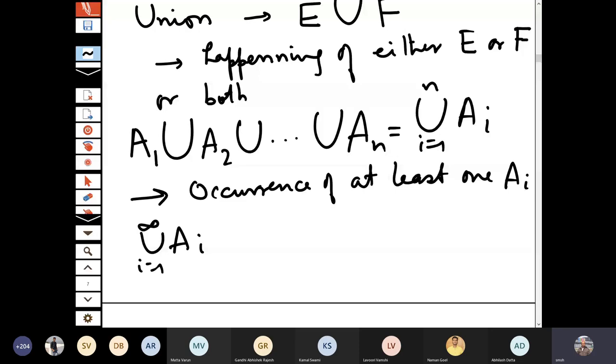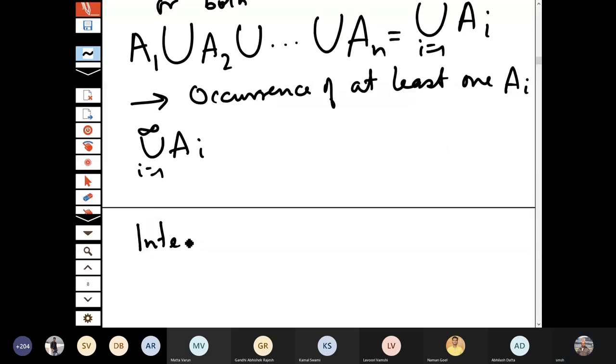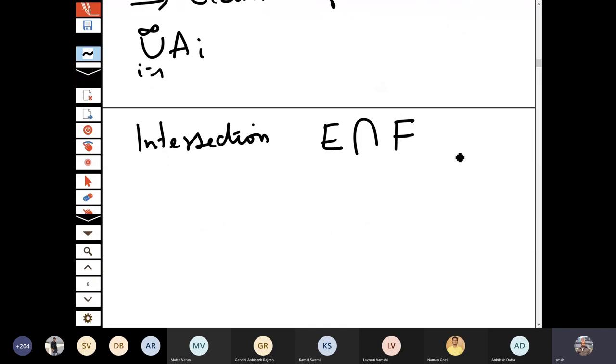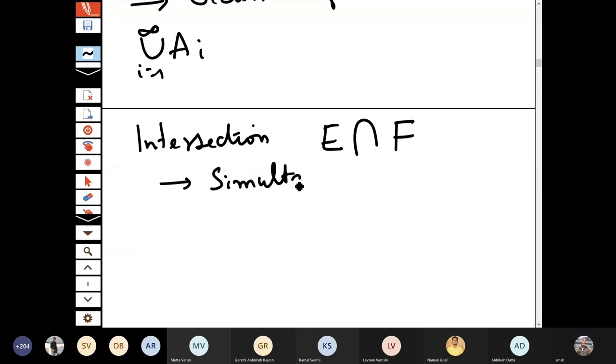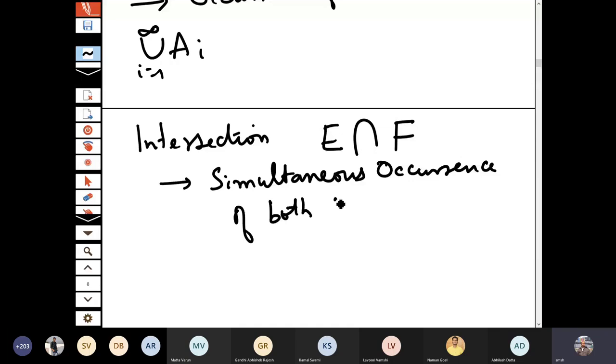Similarly, we have the intersection. Intersection in set theory means the common elements. So it means that both E and F will occur, that is, simultaneous occurrence of both E and F. You can have more than two also.